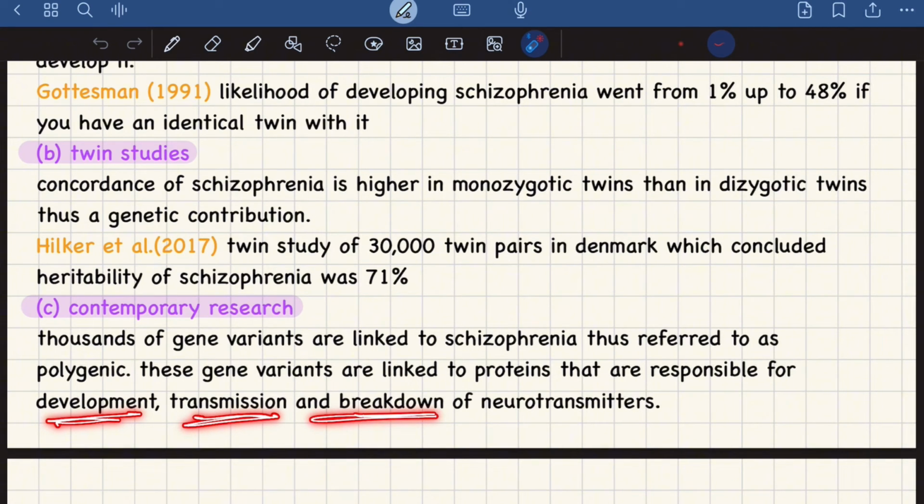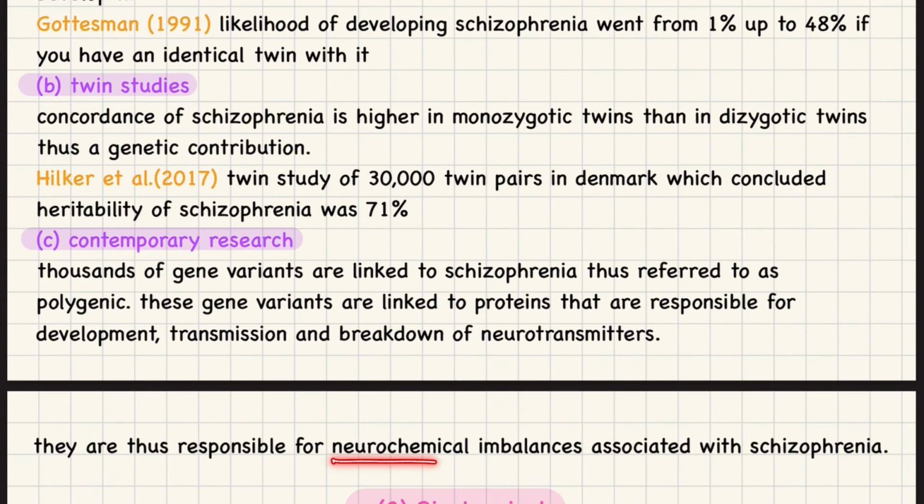So if it does not develop the neurotransmitter properly, does not transport it properly, does not break down it properly, it can cause neurochemical imbalances within the body, and this is associated to schizophrenia.